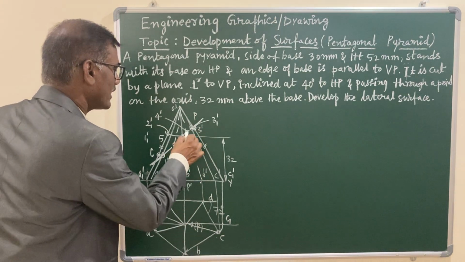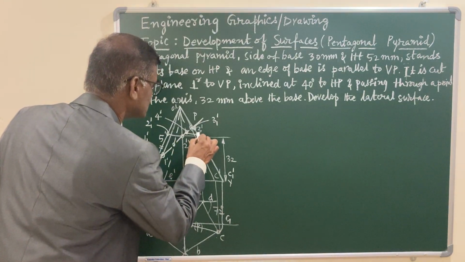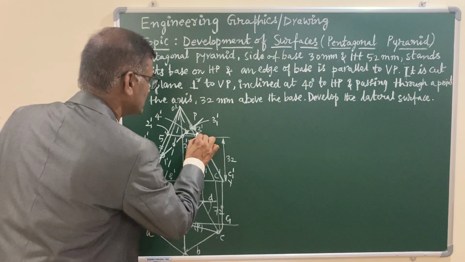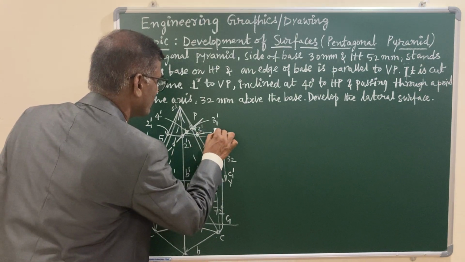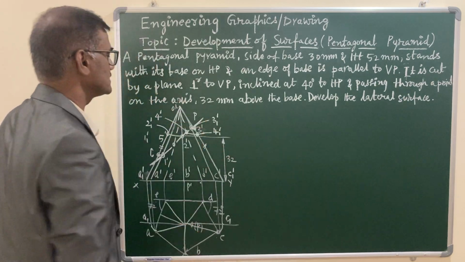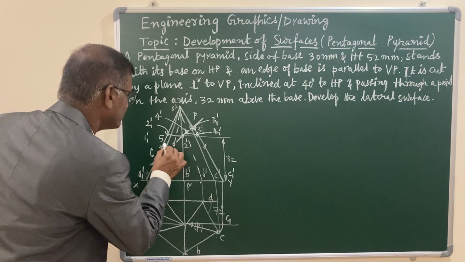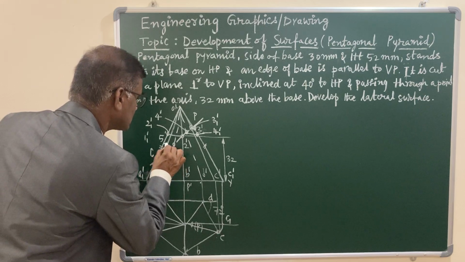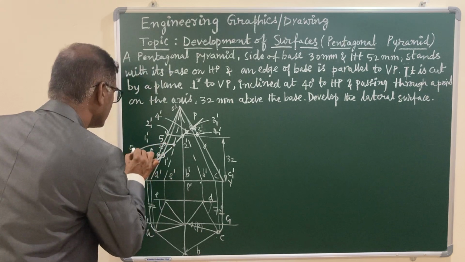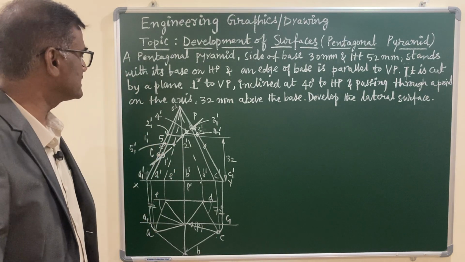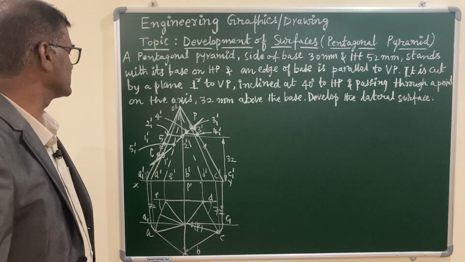Now 4, this also you can draw a horizontal line which is nearer to the right edge, and this point is 4 1 prime. And lastly, you can see 5 prime, draw a horizontal line to the left, and this point is 5 1 prime. So you have located all the points on the true length of the slant edges.